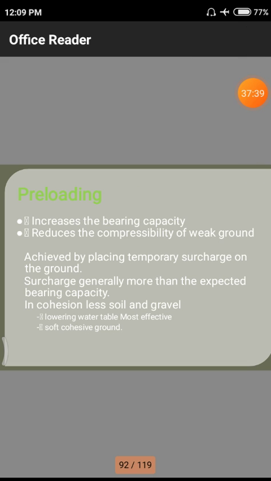What is preloading? Preloading means increasing the weight the soil will have to bear after the construction. Those kinds of weights will have to be applied in the pre-condition.